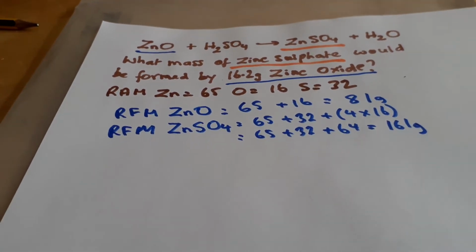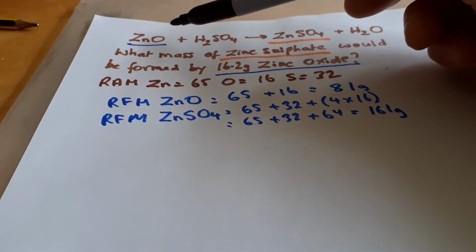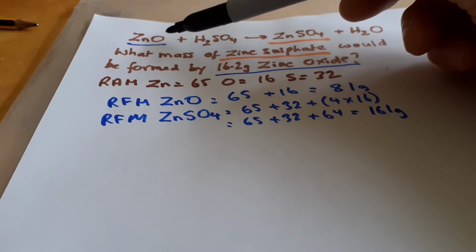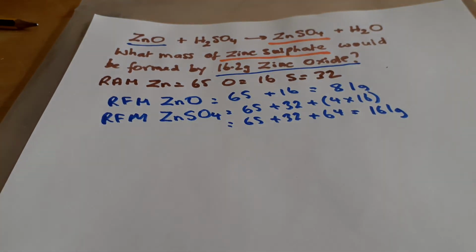Now, the next bit is to go to the equation. As we can see from the equation, 1 molecule of zinc oxide forms 1 molecule of zinc sulfate.